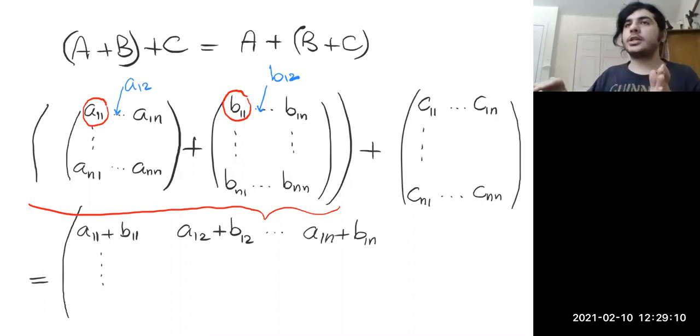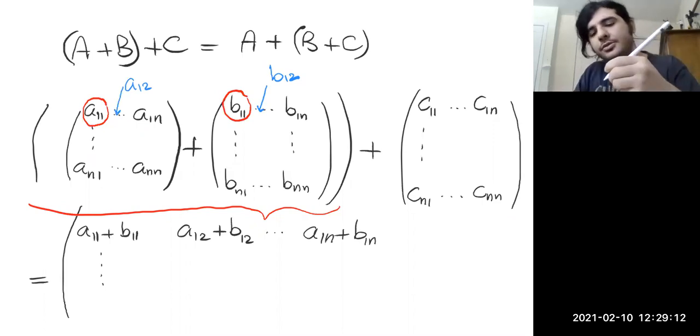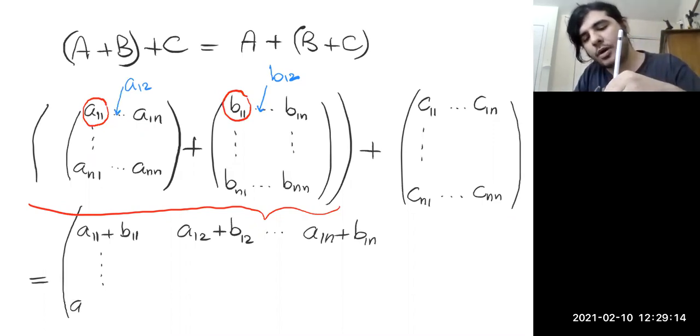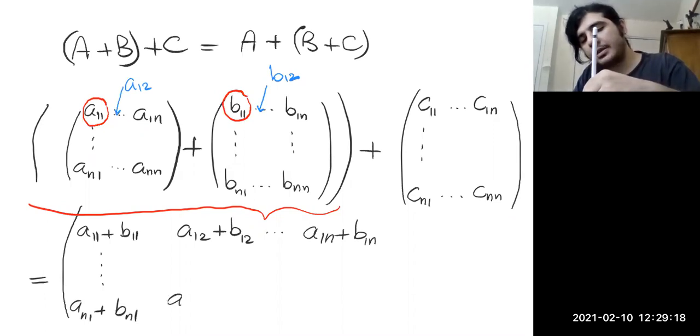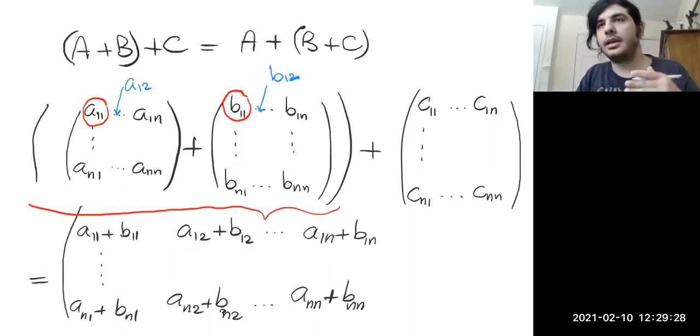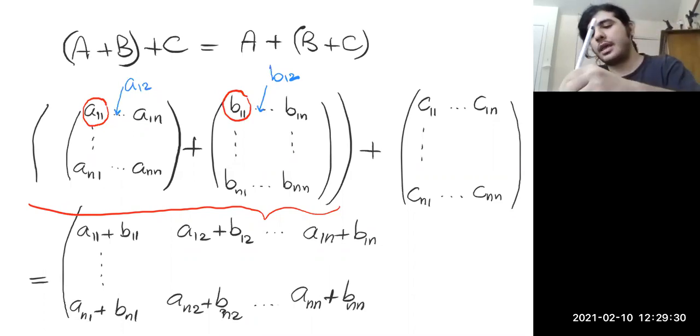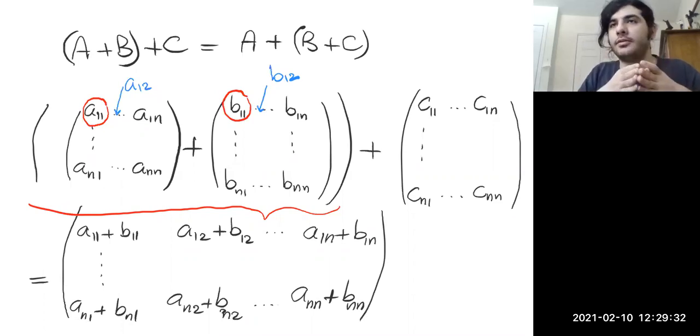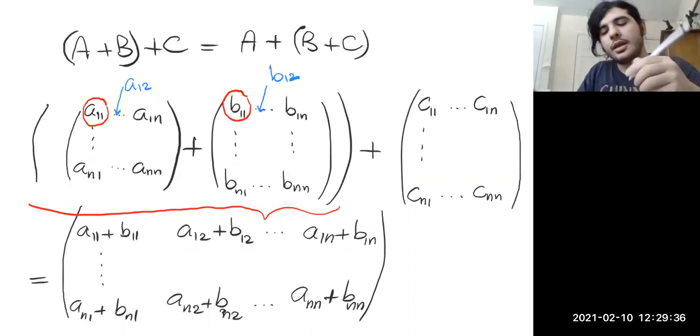We should do that for each row. What is the last row? It's An1 plus Bn1, An2 plus Bn2, up to Ann plus Bnn. That's the result of the sum of the first two matrices.